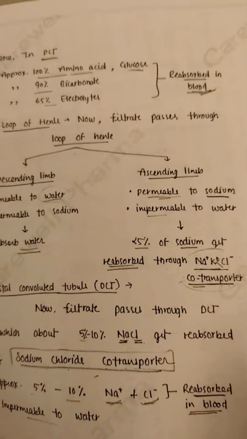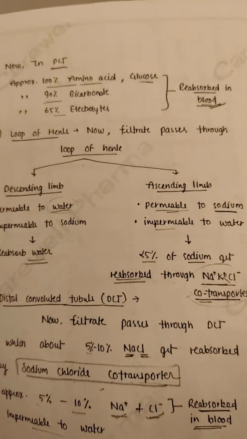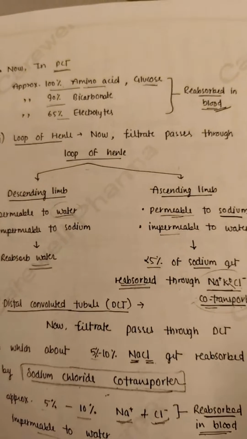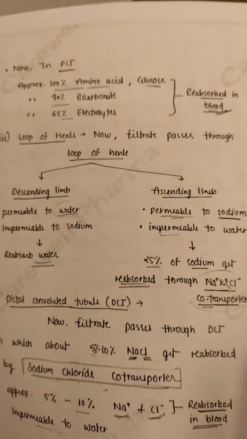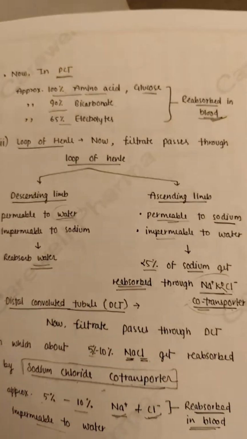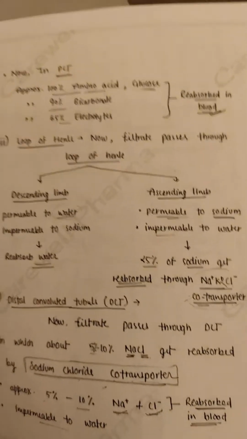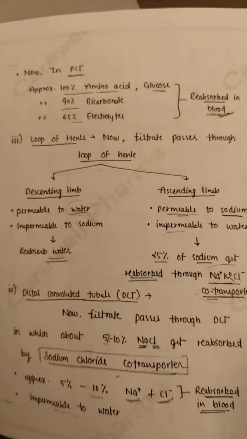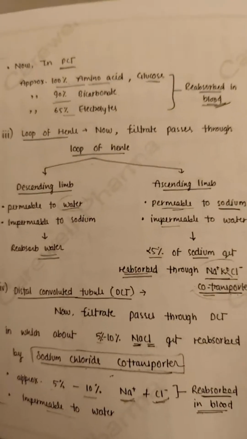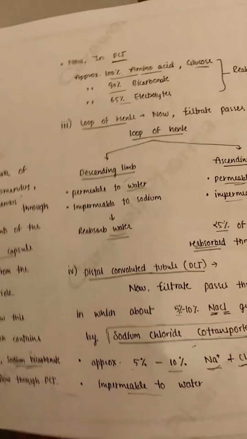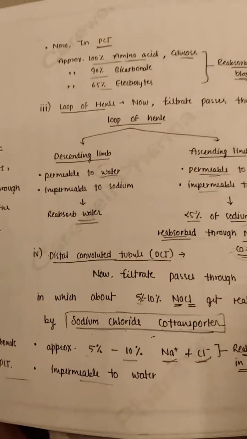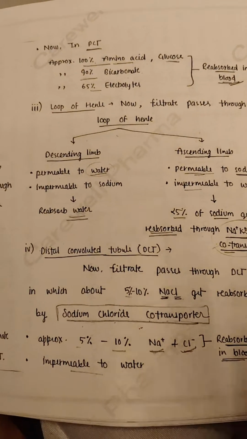Whatever ion is retained in the nephron will be excreted in the kidney, and whatever goes outside from the nephron will be absorbed, or reabsorbed, in the body. If that point is clear, the mechanism will be easily understood; if not, the mechanism will be very difficult.